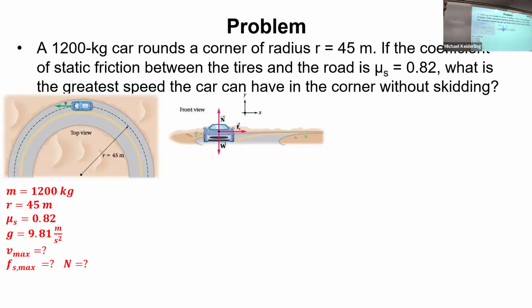To know that, we need to know the maximum static friction, the normal force, and the centripetal force. All the forces in the y direction add up to 0. That's the normal force minus mg equals 0, so the normal force equals mg.